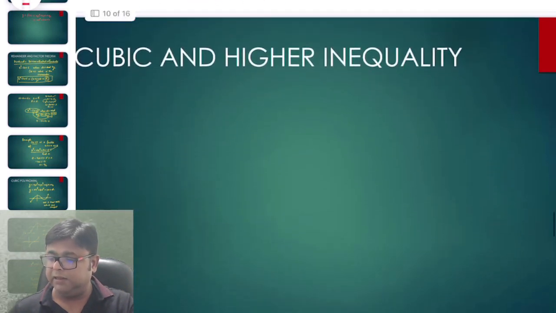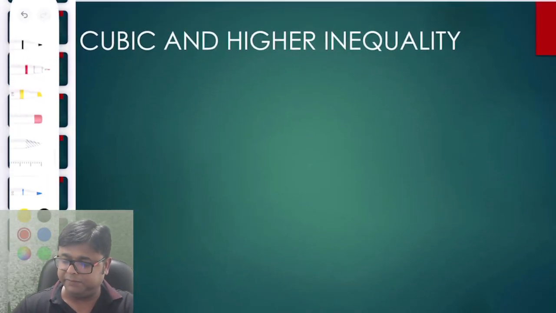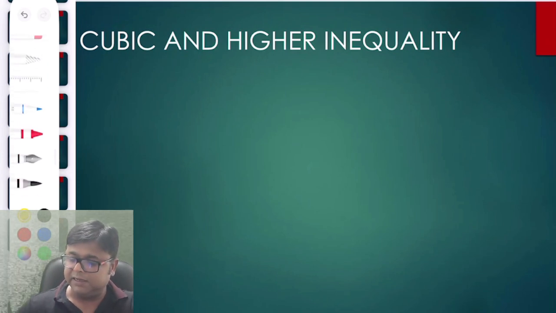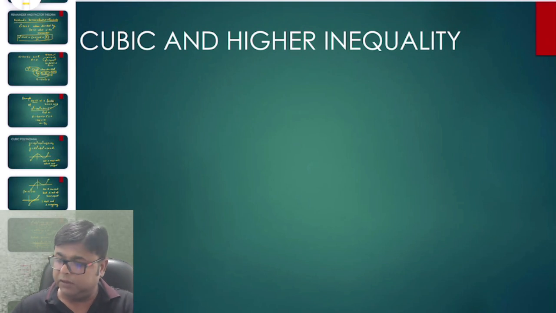Then the next is cubic and higher inequality. In cubic and higher inequality, again, like the quadratic inequality we covered, I told you a thumb rule, plus minus plus, through the graph itself.